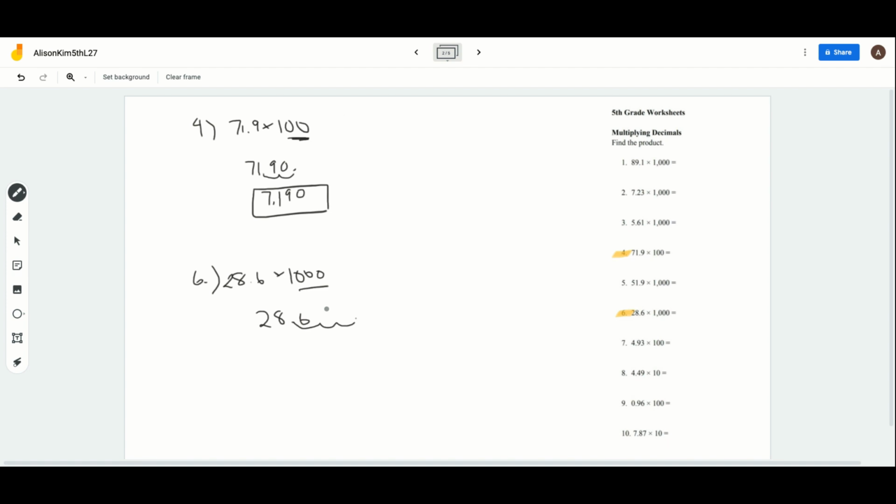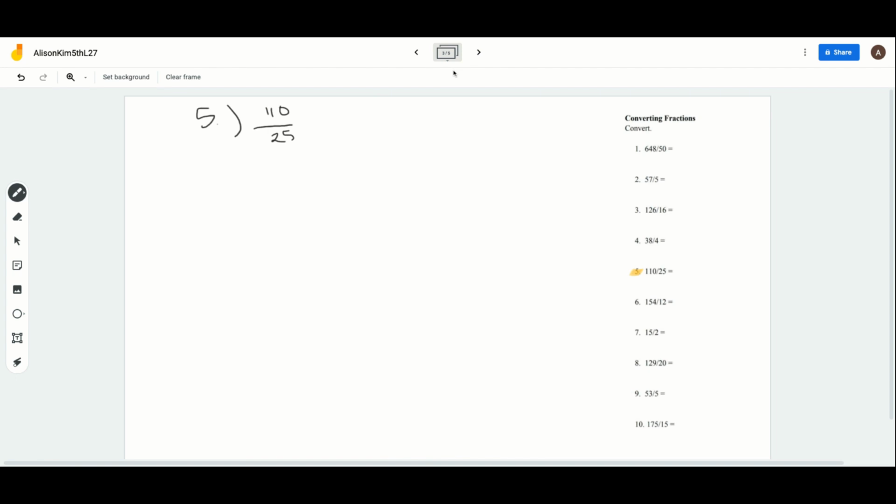We place in zeros for these blank spaces, and in the end we get 28,600. You can always check your work by doing it the long way, by multiplying it all out, but this is an easier way to solve these questions.